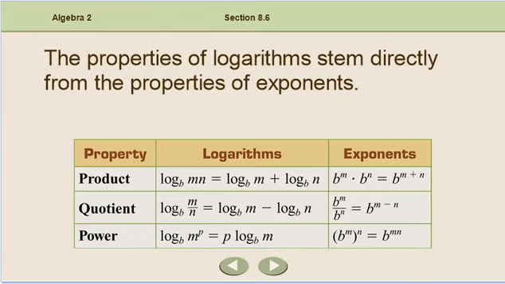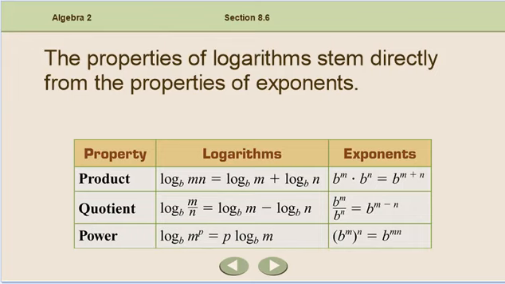So log base b of two things multiplied together, m times n, you can split that up and say it's log base b of the first one plus log base b of the second one. So multiplication of logarithms ends up having to do with addition, just like multiplication of exponentials or powers had to do with adding the exponents.